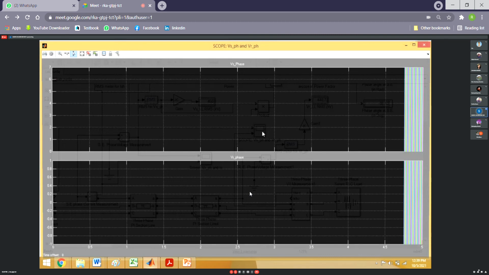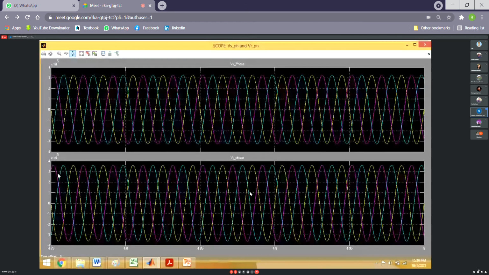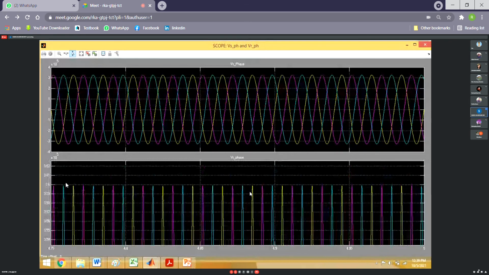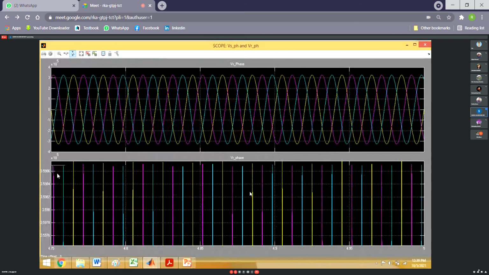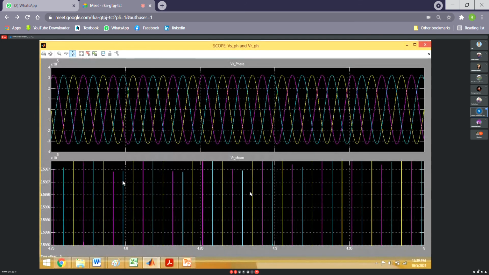At first the receiving end peak to peak voltage is more or less 3.59. So you can write 3.6 10 to the power 5 volt, approximately equal to 360 kV, or you can write 3.5987 10 to the power 5.